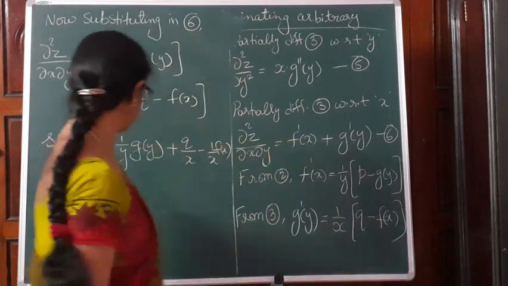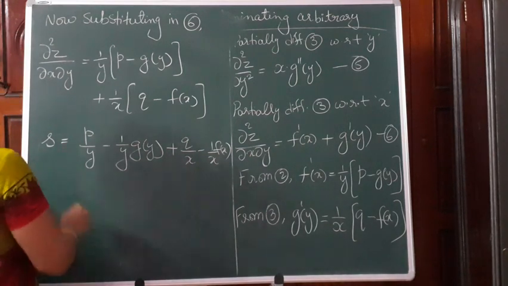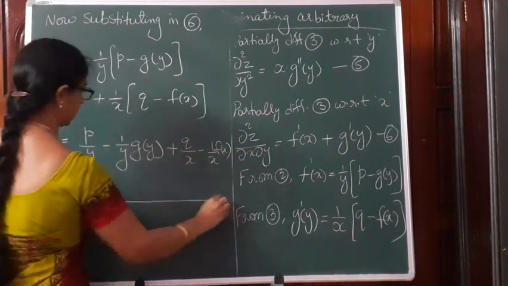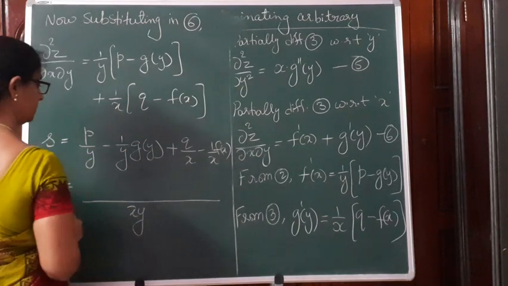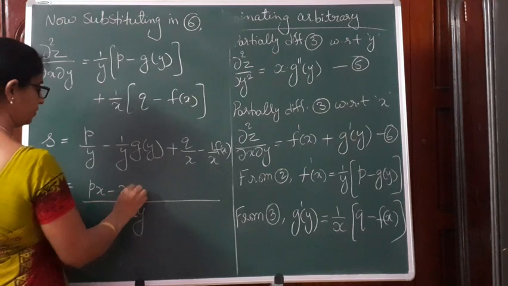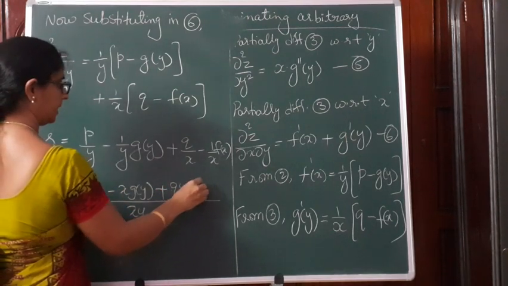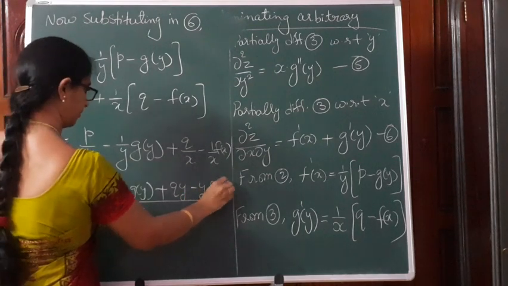We take xy as the LCM here, so that this is px minus x into g of y plus qy minus y into f of x.